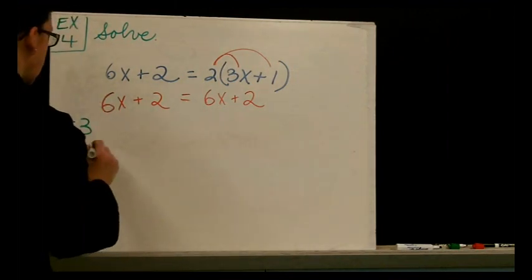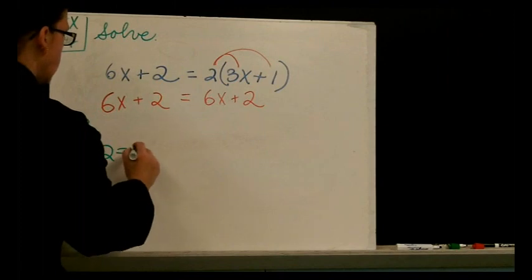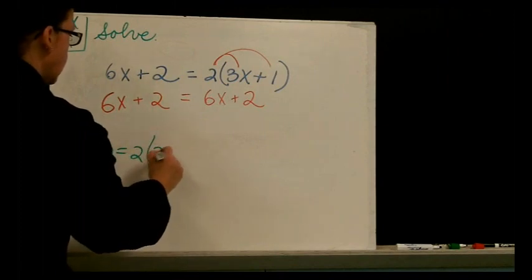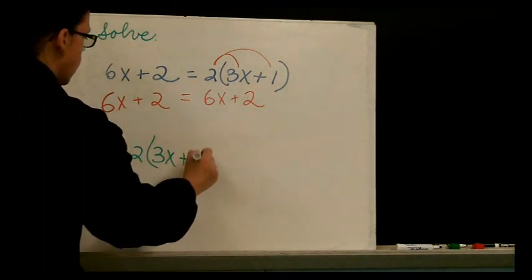So we have 6x plus 2 equals 2 times the quantity, 3x plus 1.